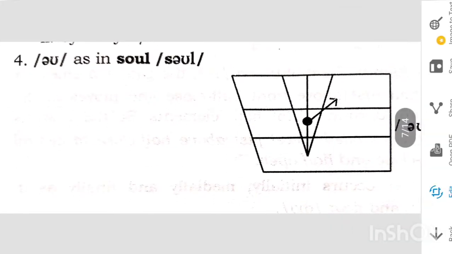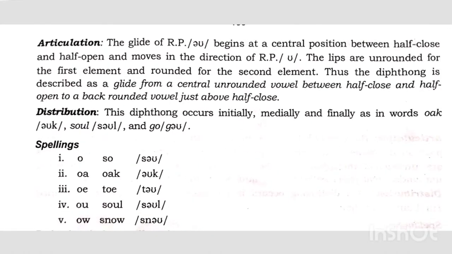Distribution: this diphthong occurs initially, medially, and finally, as in oak in the beginning, soul in the middle, and go in the end.